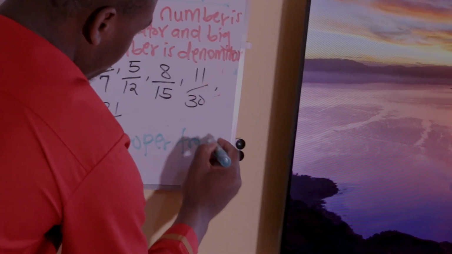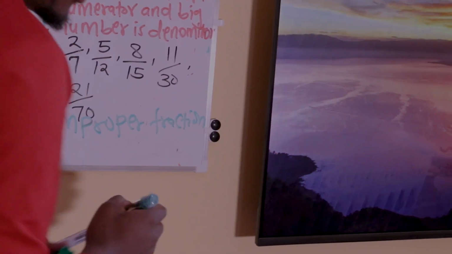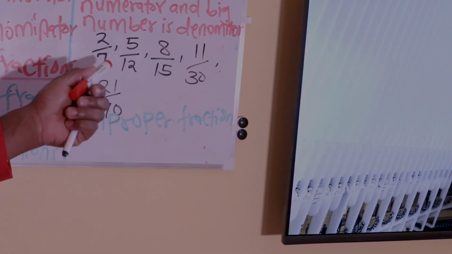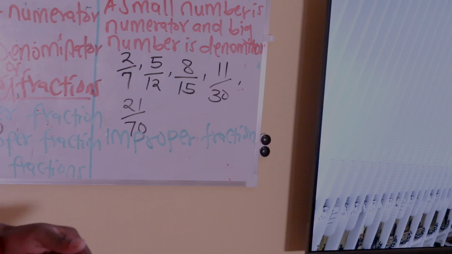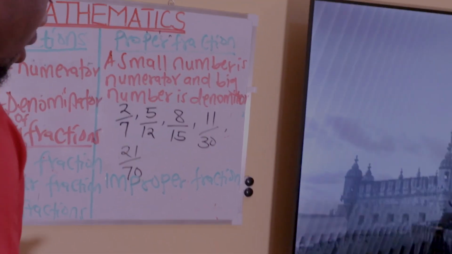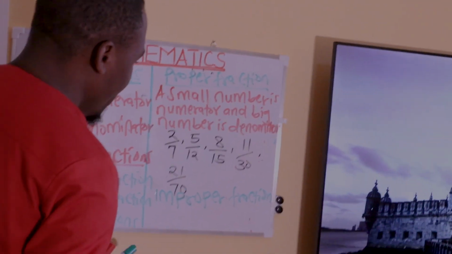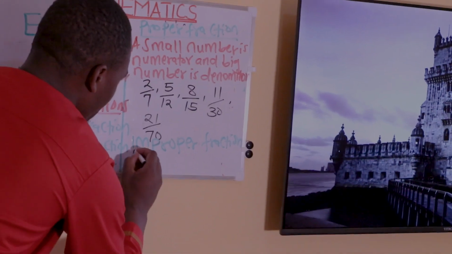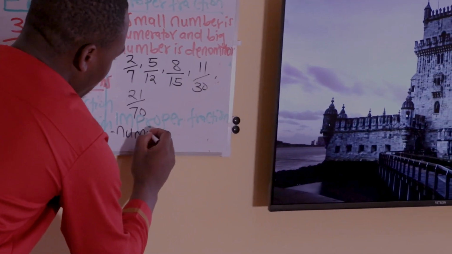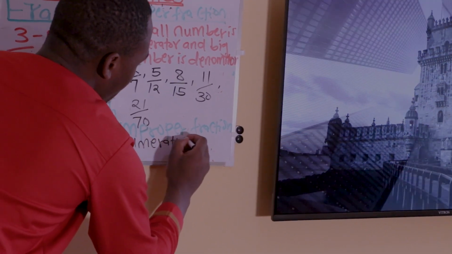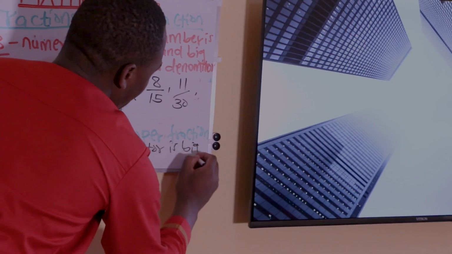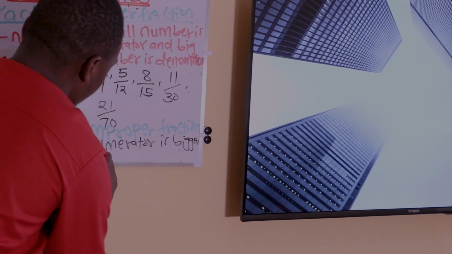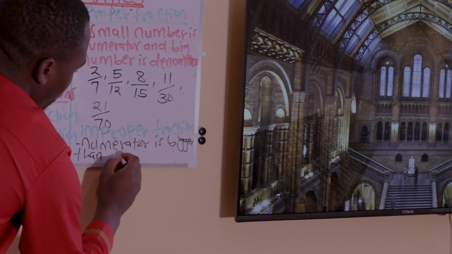Improper fraction is where the big number is on top of a small number. And which is that big number? The numerator. The numerator is bigger than the denominator.